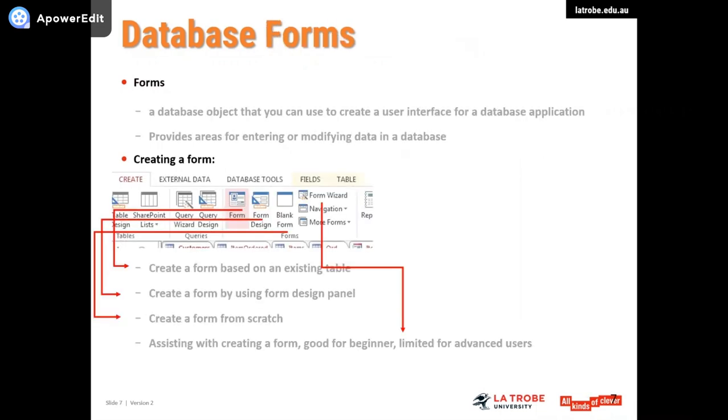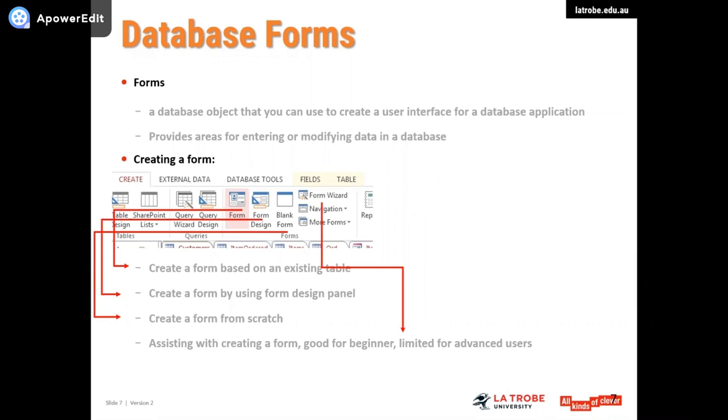The form is a database object that you can use to create a user interface for the database application. A form can also provide areas for entering or modifying data in the database. Before you learn how to create a form, you should understand why we should use a form. The database form can be divided into two types. One is called a bound form, and the other is called the unbound form.